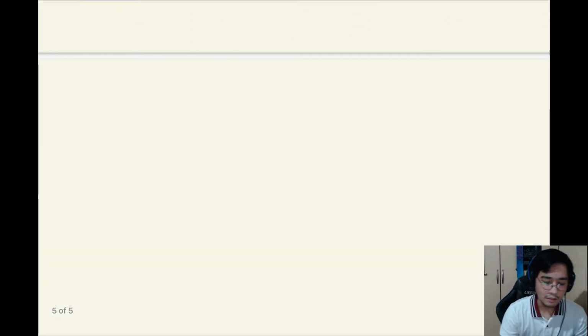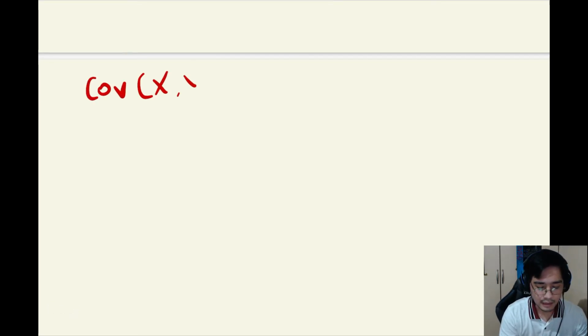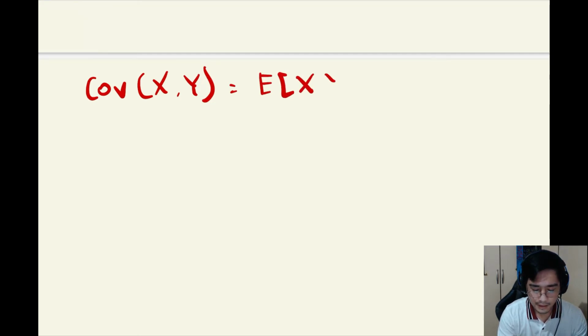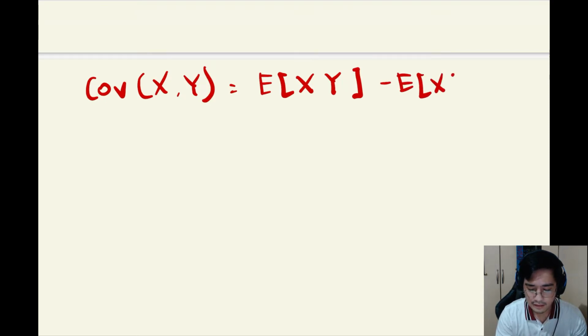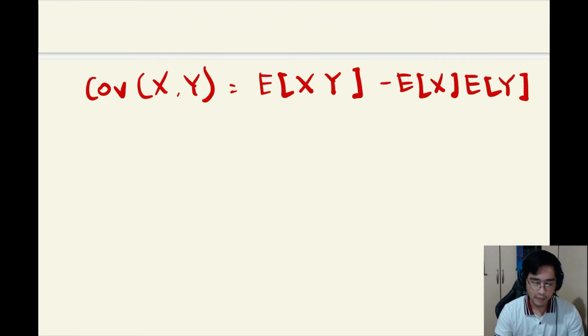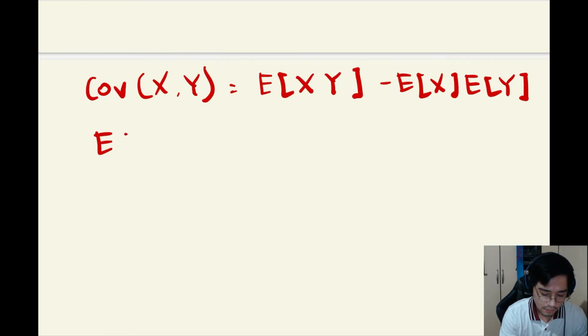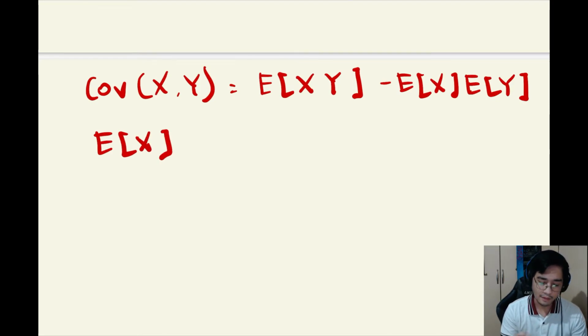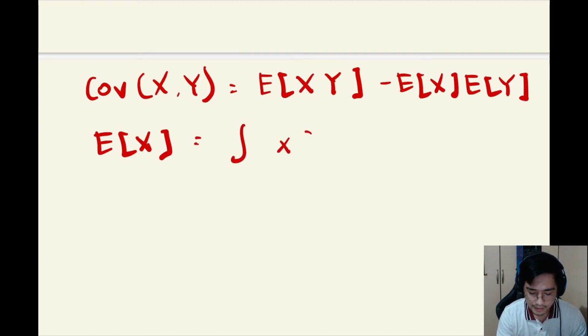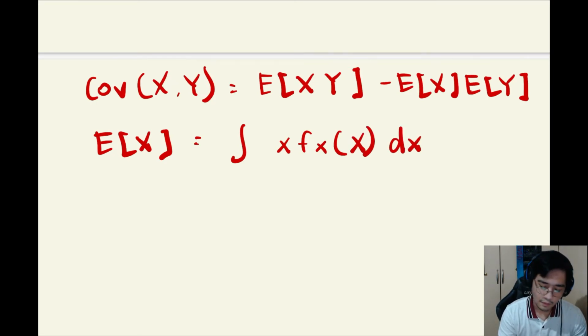Now finally, we can compute the covariance of x and y by using this formula: expectation of xy minus expectation of x times expectation of y. So we have to solve the expectations of x and y first. The expectation of x is the integral of x times the marginal PDF of x, integrated over x from 0 to 1.